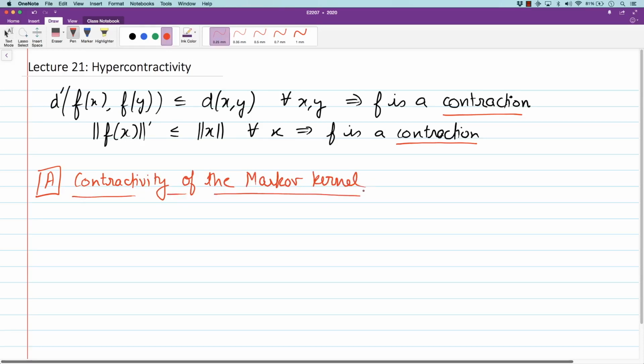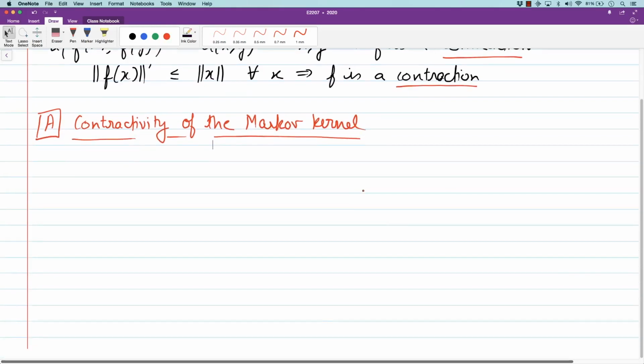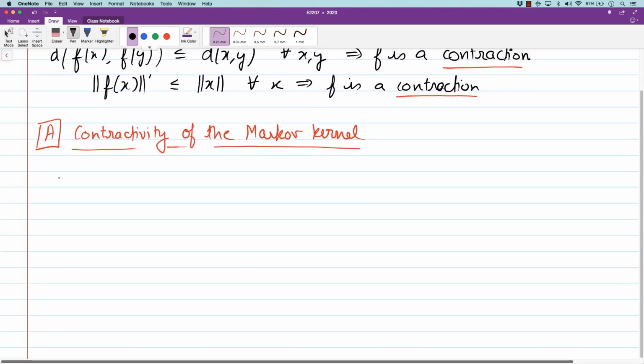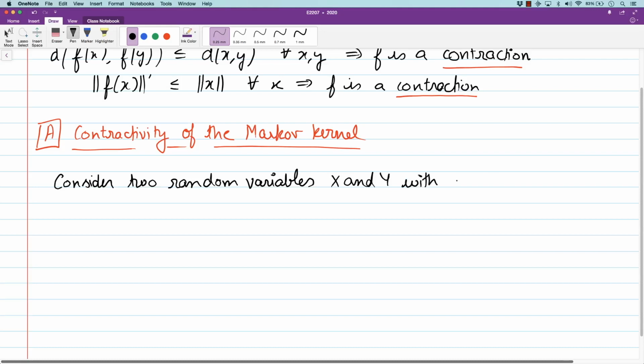So what's the Markov kernel? Consider two random variables X and Y with joint distribution P_XY.